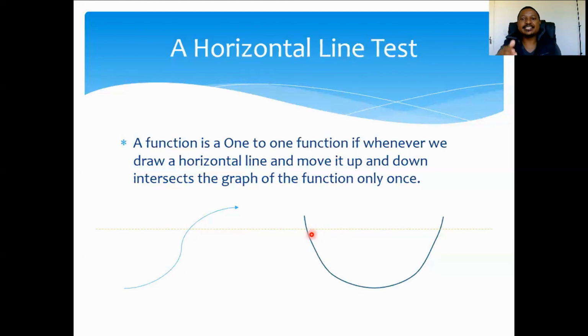A vertical line test is used to test whether the graph is indeed a graph of a function. And the horizontal line test is used for a function when you just want to know whether it is one-to-one or many-to-one.